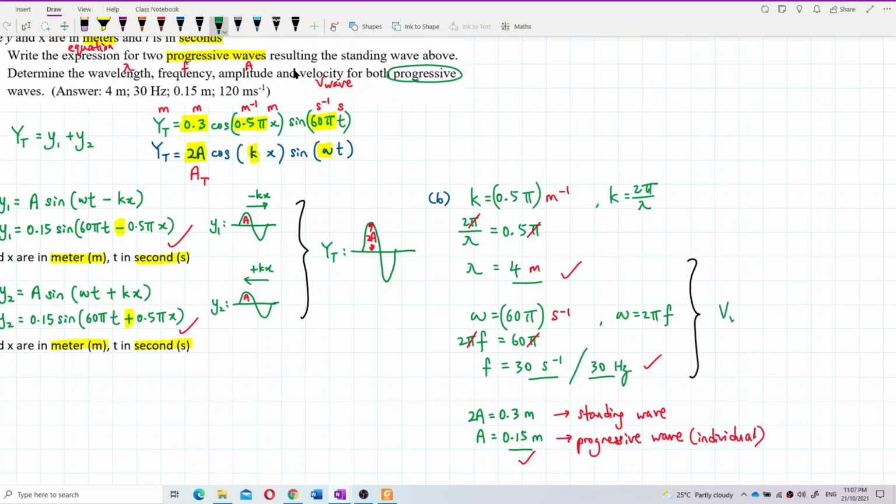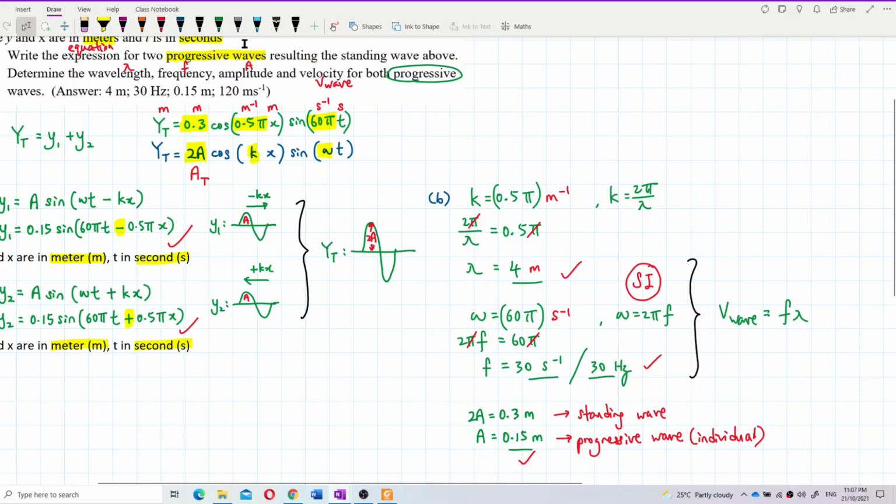Wave speed of the progressive wave, v equals f lambda. We got the lambda already, we got the f already, all in SI unit. Remember, check all in SI unit before you do further calculation.